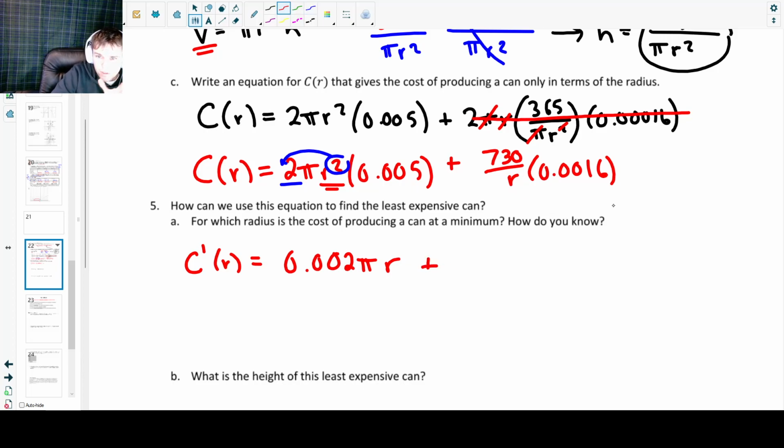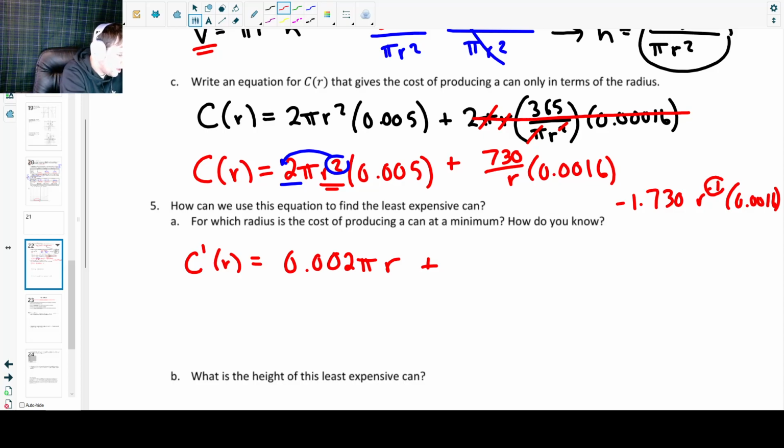Plus, now this is really 730 r to the -1 times that decimal. So we're going to bring that exponent down and then make it r to the -2nd power, right? So we got some decimals to work with here. I'll go ahead and do that calculation.